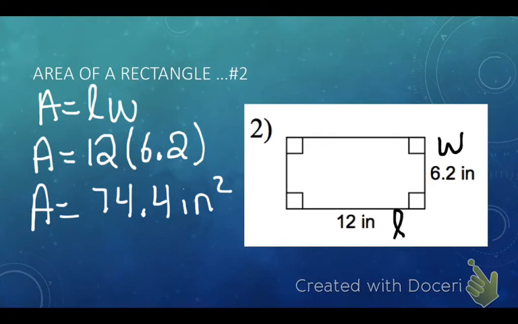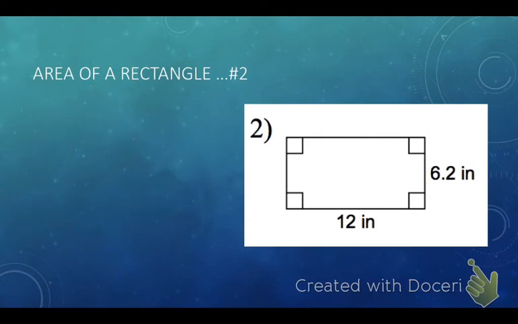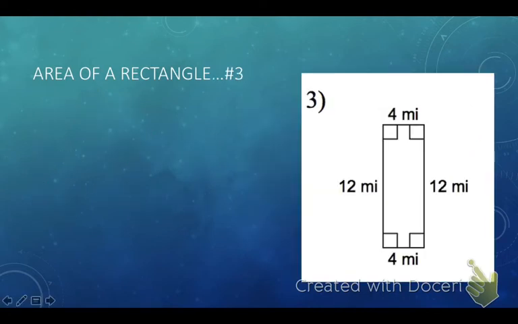All right, so we're going to try one more. I want you to start by writing the formula for area of a rectangle on your paper. Great, you should have A equals LW.